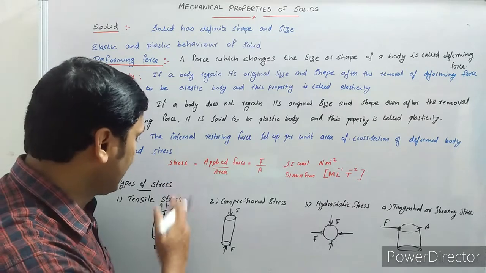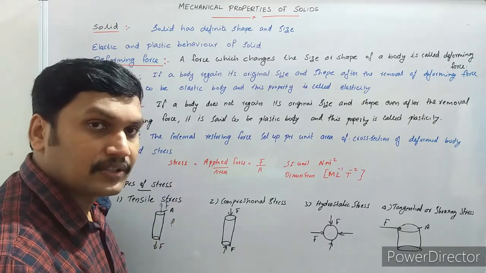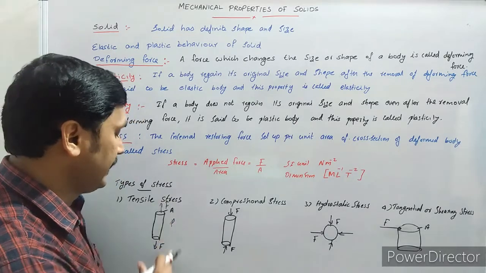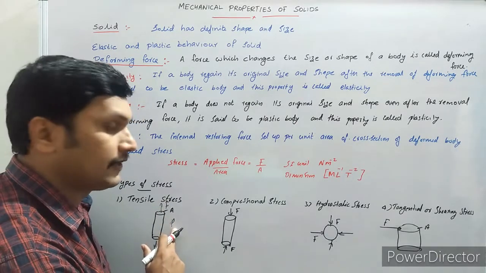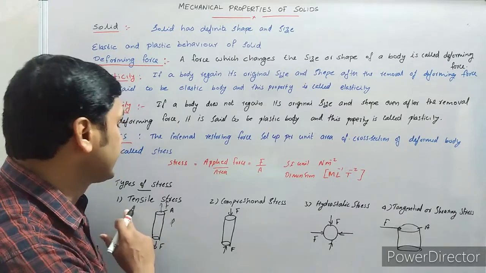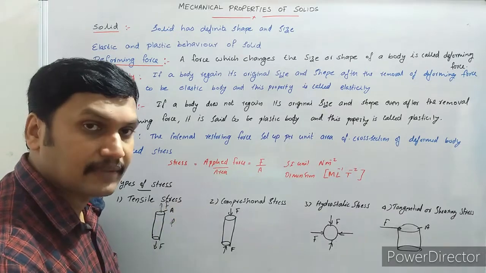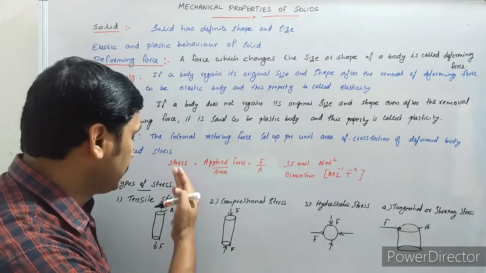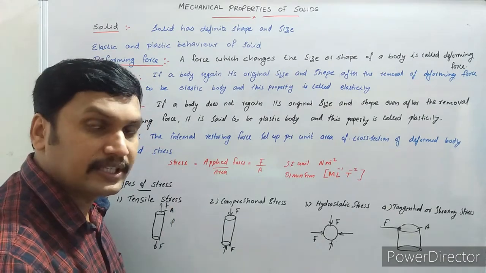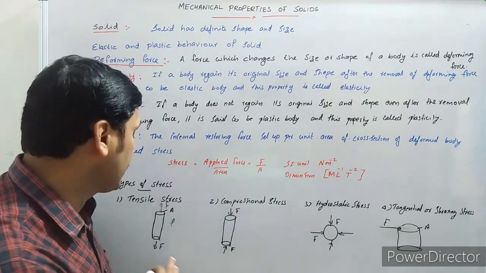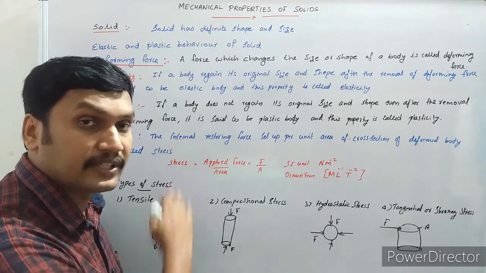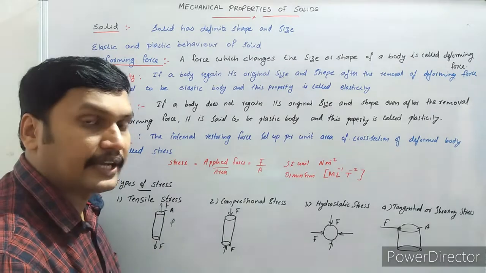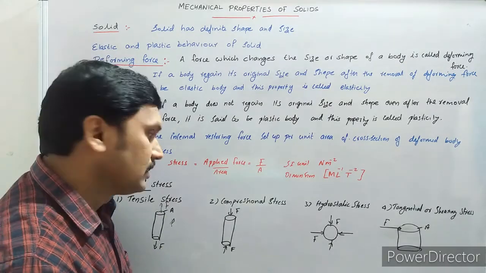So usually its length will increase. So by that time the force per unit area, if F is the applied force, developed here is known as the tensile stress. Suppose the applied force, that is the deforming force, is trying to increase the length of the rod or length of the string, then force per unit area is known as the tensile stress.